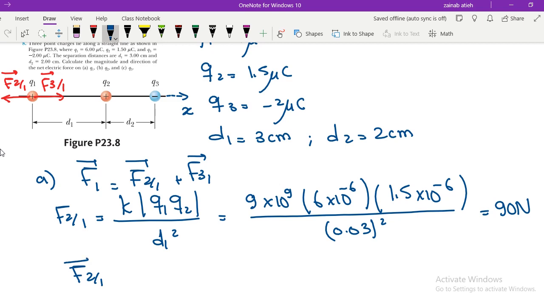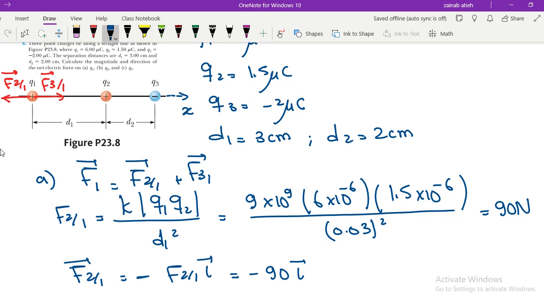F2 on 1 is equal to minus the magnitude of F2 on 1 times I. It's written like this, minus the magnitude I. It's minus 90 I. So now I've arrived to write F2 on 1 as a vector in terms of I.